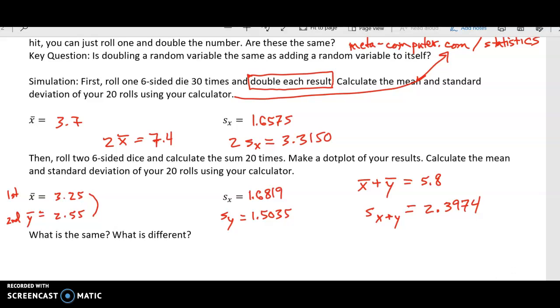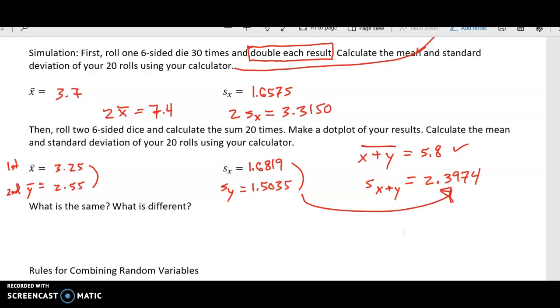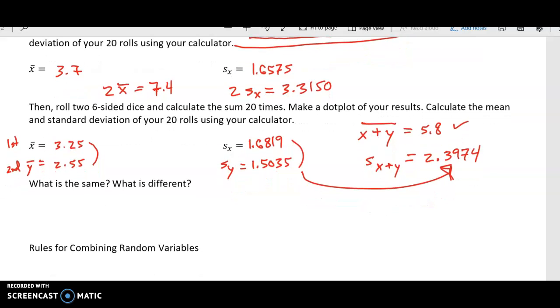This should be this. And you do, but you might think that if you added these guys together that you ought to get this, and you don't. So there are rules for this that we need to talk about too.